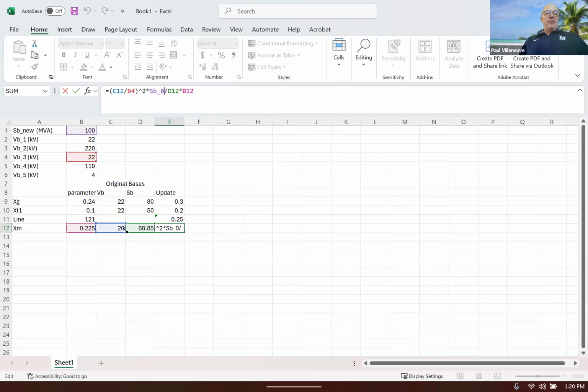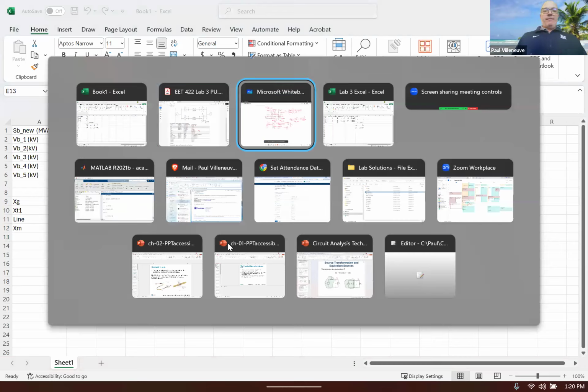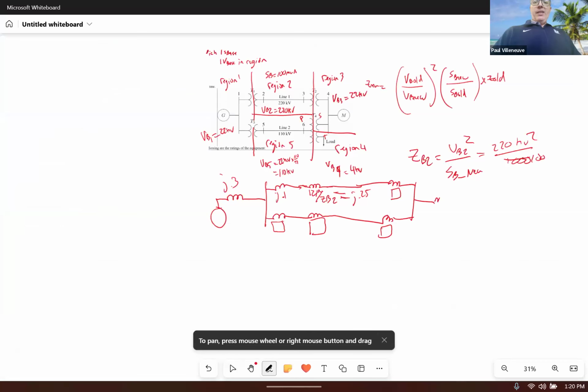D12 times B12. Where's B12? Oh yeah, that's the entered number. So I get J.27. So my motor is going to be represented as J.27 with a power source behind it.